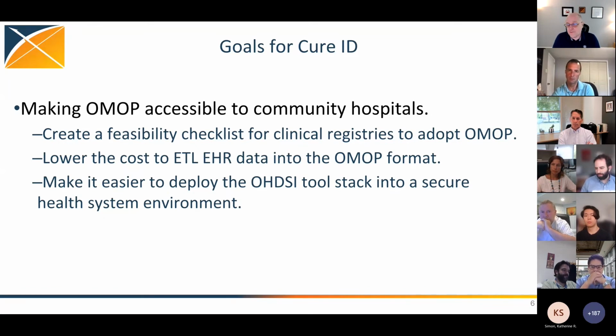Some of this was because of their enterprise security constraints. Some of this is tied to just not having the technical resources to do this. But our goals are, can we lower the barriers for ETL for OMOP, as well as lowering the burden on deploying the OHDSI tool stack into a secure health system? So that's really what we're going to be talking about today.